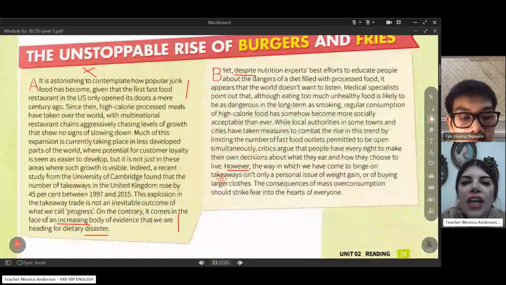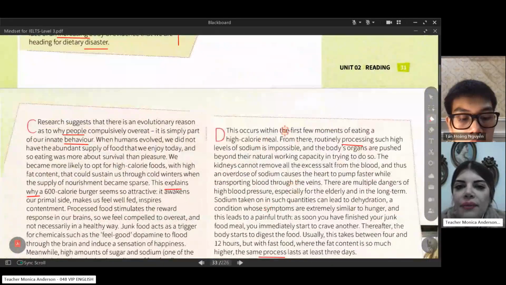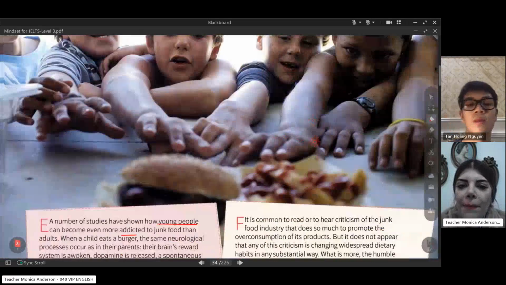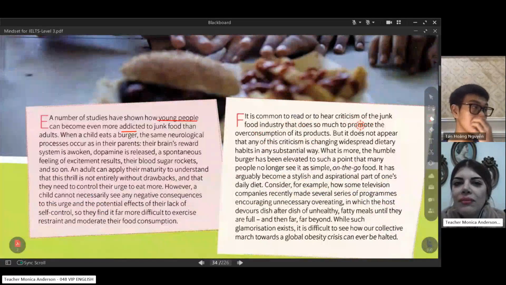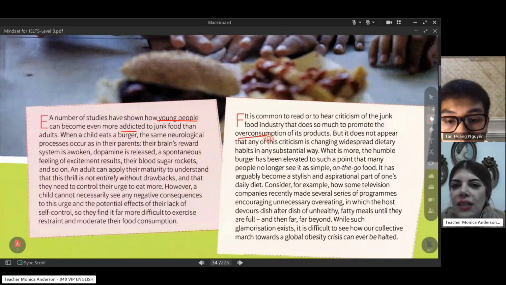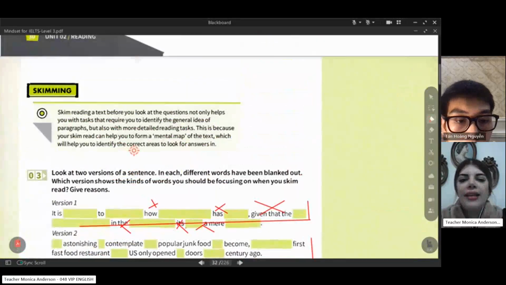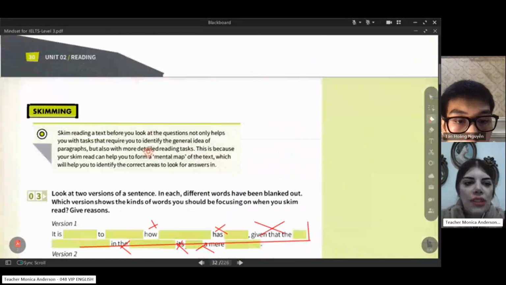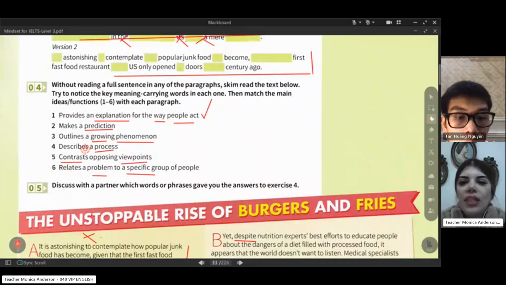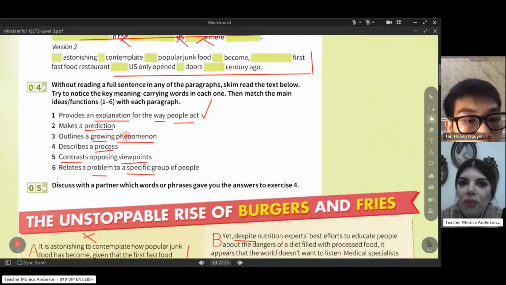Now let's find. So overconsumption and difficult, collective, towards global, obesity. So we have only one option, that is number 2, prediction.